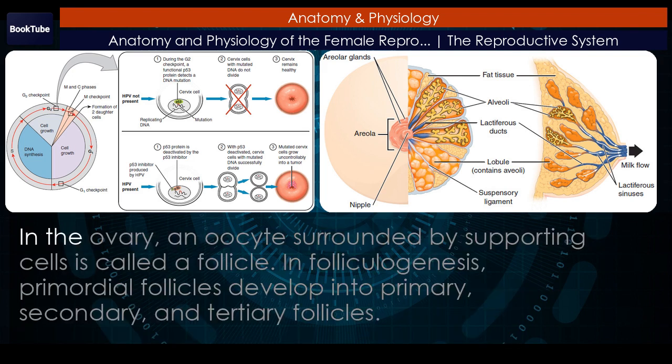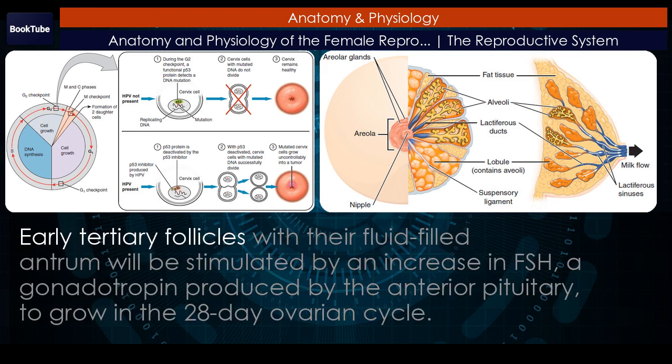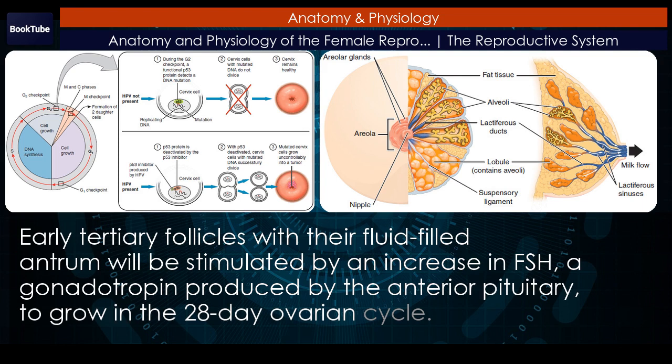In the ovary, an oocyte surrounded by supporting cells is called a follicle. In folliculogenesis, primordial follicles develop into primary, secondary, and tertiary follicles. Early tertiary follicles with their fluid-filled antrum will be stimulated by an increase in FSH, a gonadotropin produced by the anterior pituitary, to grow in the 28-day ovarian cycle.